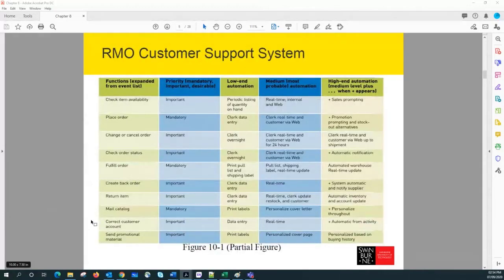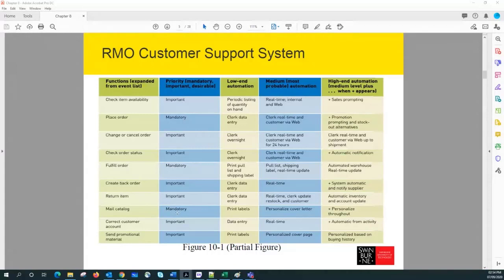And then they categorize these use cases, whether they are mandatory, important, or desirable, based on their requirements, right? You may have seen some functions they categorize as mandatory, some as important.